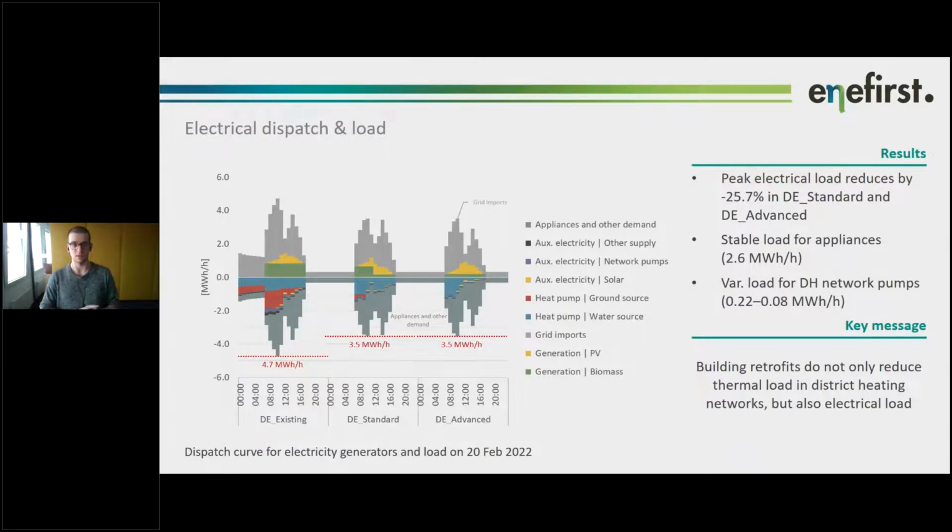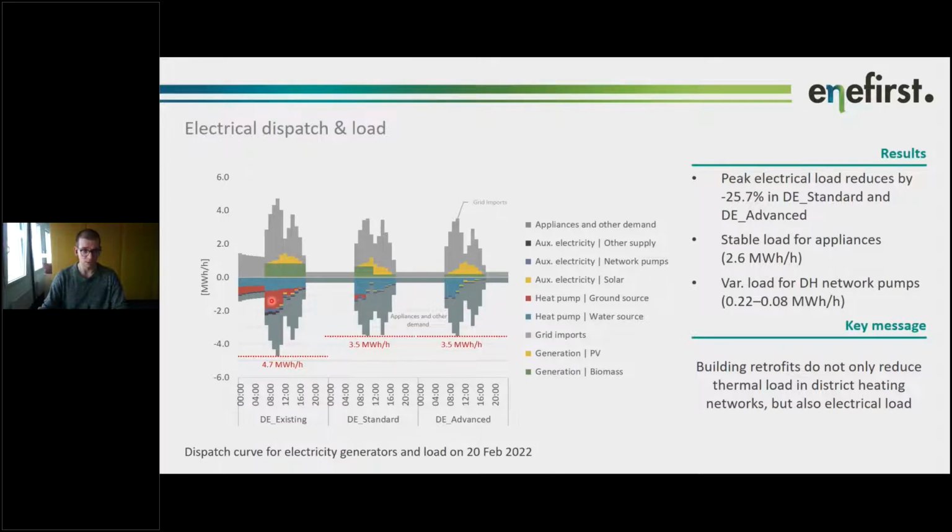So what's going on with the power system? Here in this chart, everything that is above the x-axis is load that has to be supplied, and everything below the x-axis is pretty much demand on the consumer side. As you can see here in these gray shaded areas, there's a continuous demand for appliances and lighting, for example.